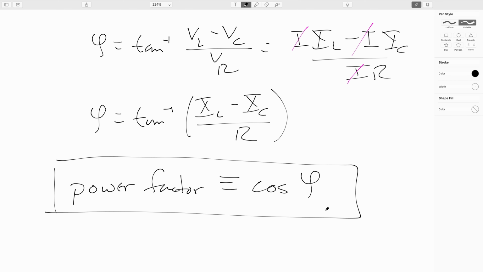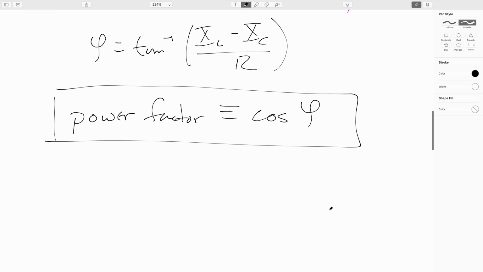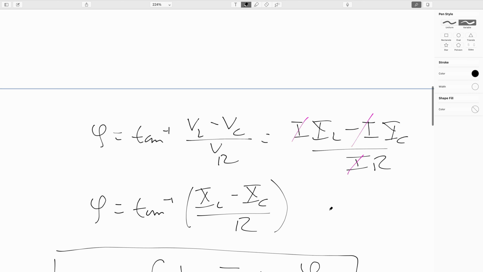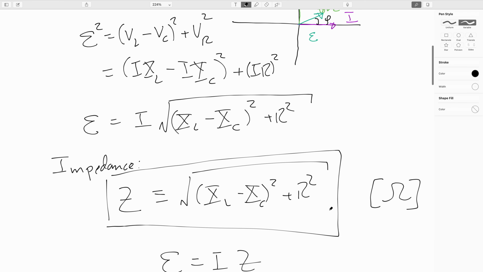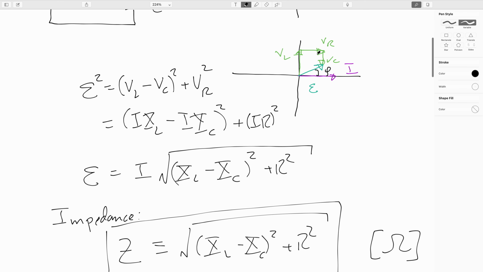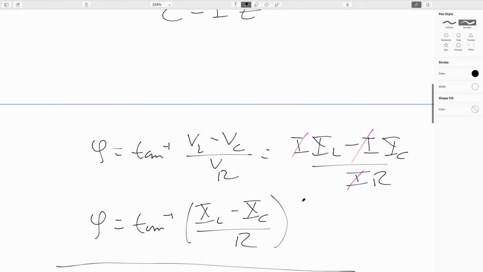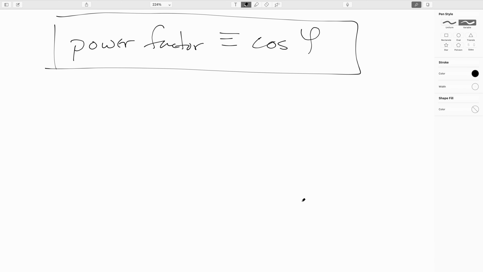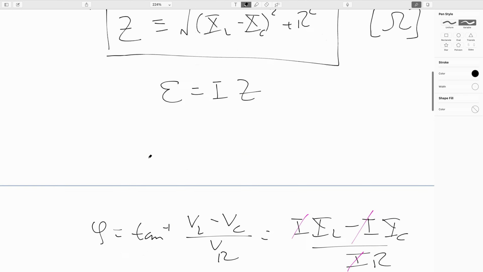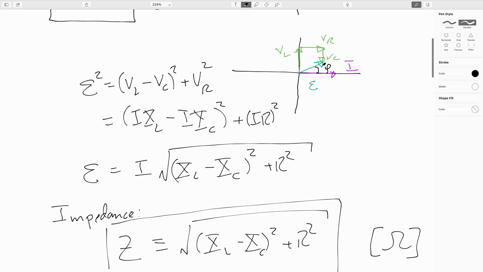And the point here is that, remember, the only thing that dissipates energy is the resistor. So the voltage across the resistor will be equal to the applied EMF, then going back here, times the cosine of phi.